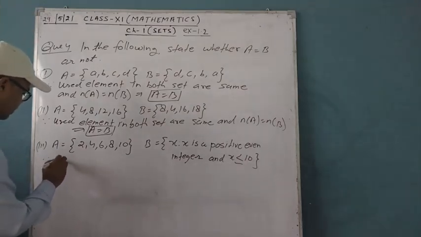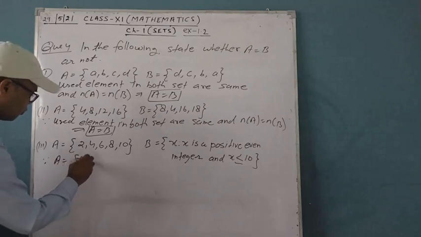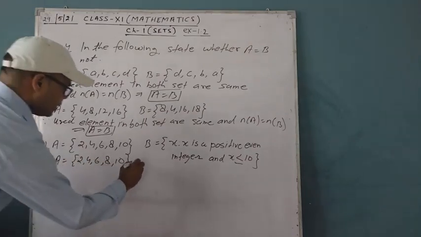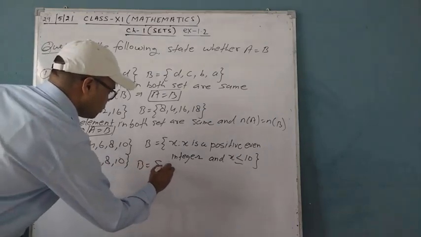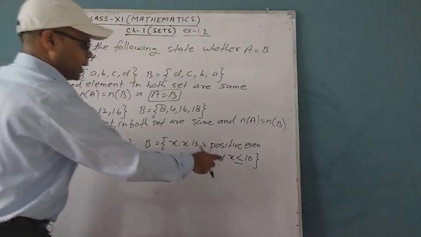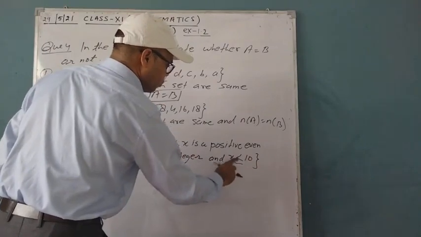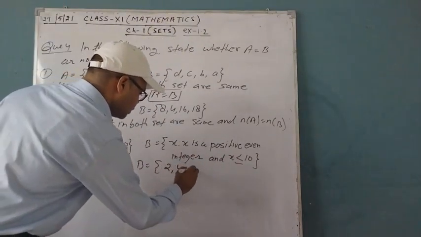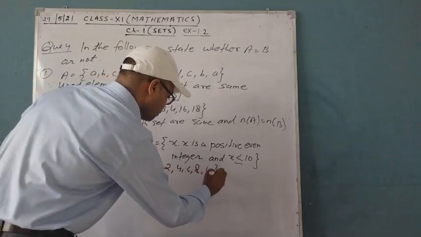Since A is 2, 4, 6, 8 and 10 and B is 10 से छोटे या 10 के इक्वल even integers 2, 4, 6, 8, 10.